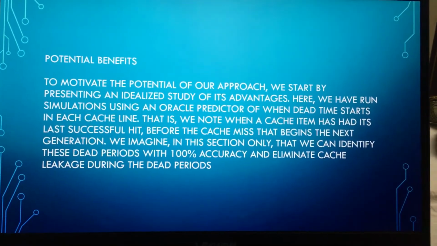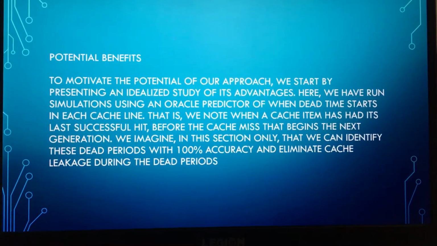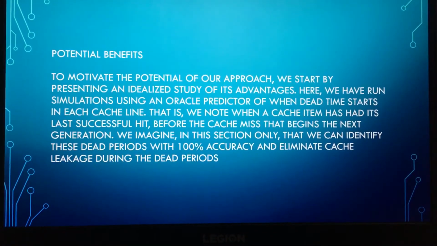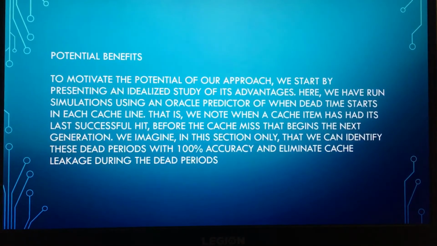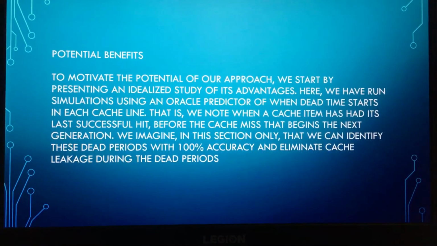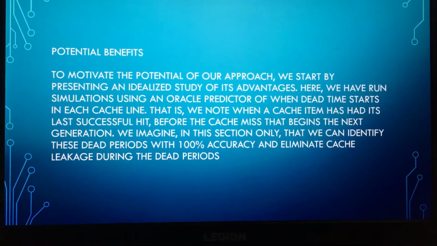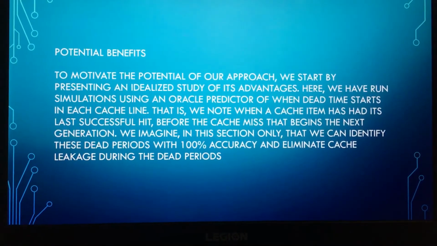Potential benefits. To motivate the potential of our approach, we start by presenting an idealized study of its advantages. Here we have run simultaneous simulations using an oracle predictor of when dead time starts in each cache line.